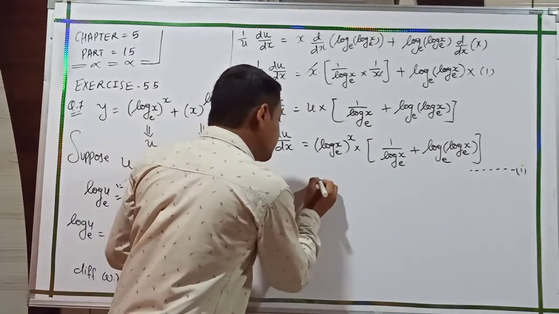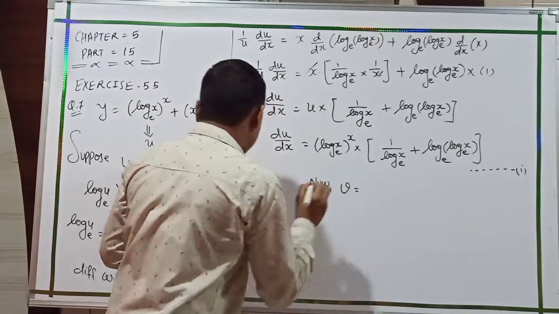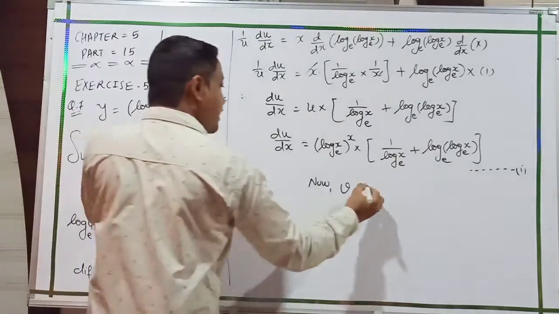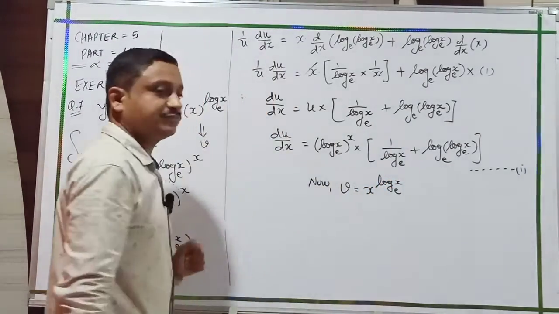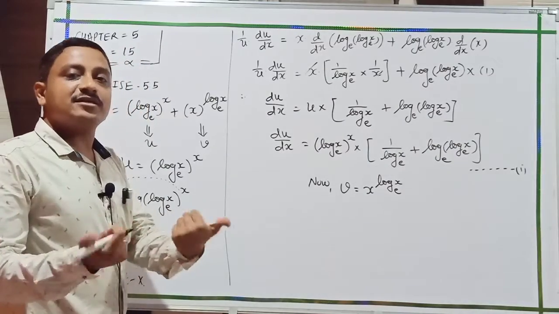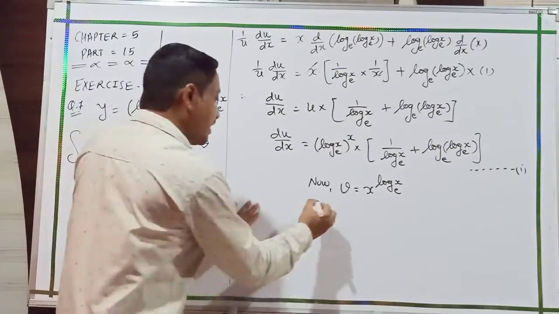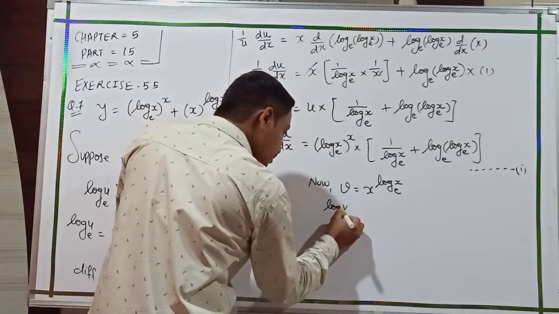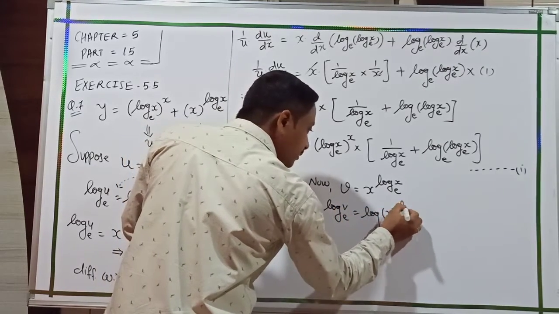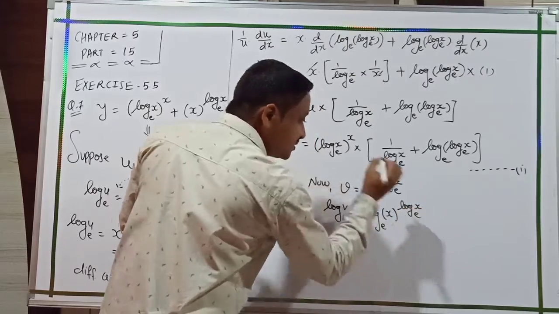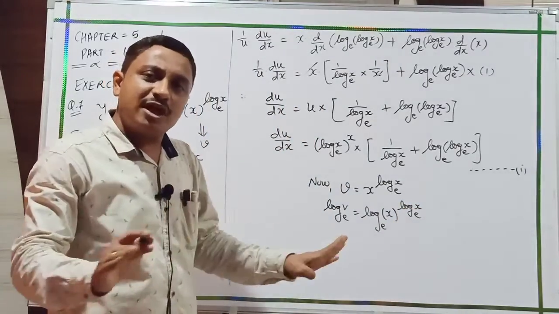Now I just start for the v function. What is your v function now? Yes, x raised to log x base e. And in the same way, start taking log on both sides: log v base e equals log with base e of x to the power log x. Students, here also the same thinking.